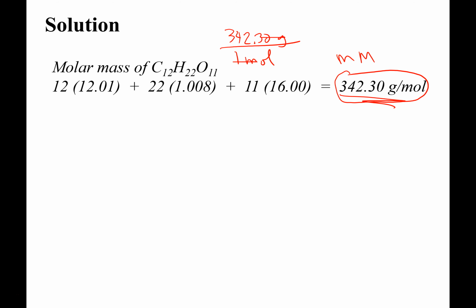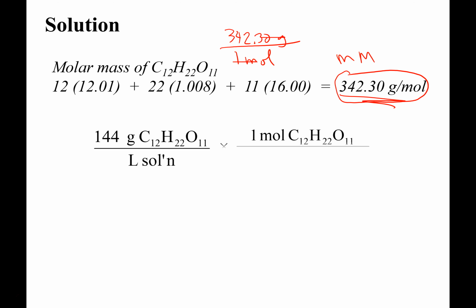We're going to pick up with 144 grams per liter. If we make that our first term, how can we use molar mass to get to moles per liter? Yep, one mole on top, the 342.30 on the bottom. You got it.